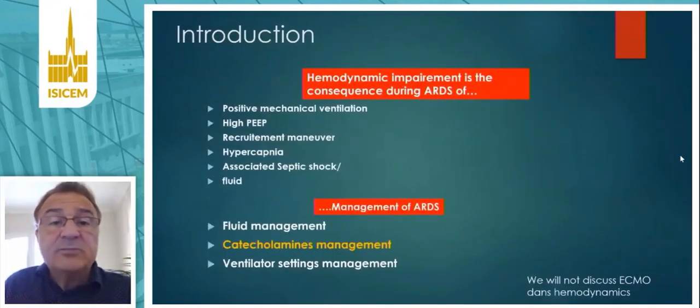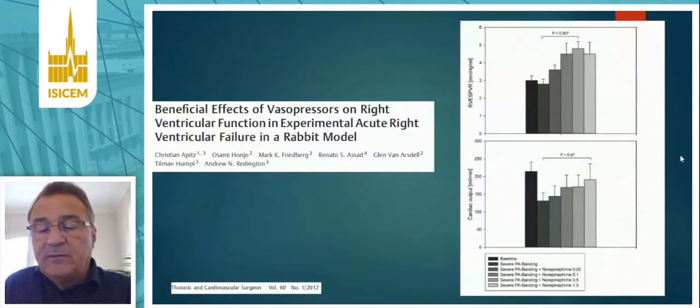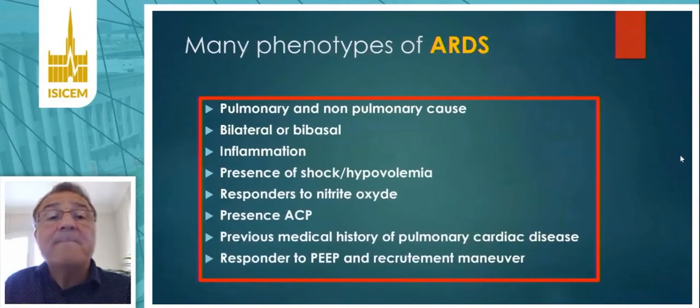Regarding the catecholamines management, we have very little evidence, but most of the experts advise using a vasopressor such as norepinephrine, as was demonstrated in this animal study, improving the systolic function of the right ventricle. But you know that there are many phenotypes of ARDS, and the hemodynamic impairment will change in these phenotypes, if you have or not a pulmonary or non-pulmonary cause for this ARDS, if you have inflammation, if you have the presence of an acute cor pulmonale.